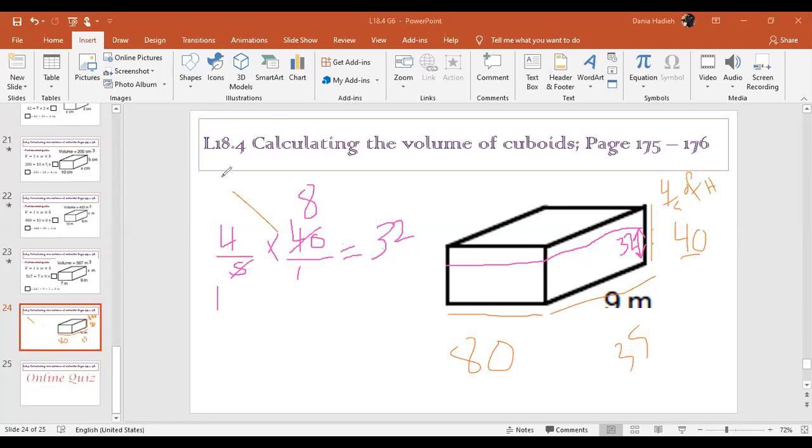So now, what will I do right now? I'm going to multiply the volume, actually equals 80 times 35 times 32, which going to give you right now, when you multiply them all together, you can use a calculator if you want. 80 times 35 times 32, which actually equals 89,600. 89,600 centimeter cube.